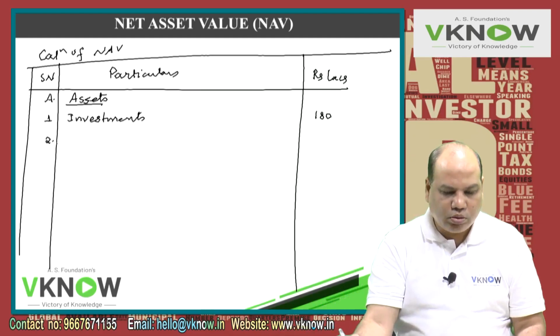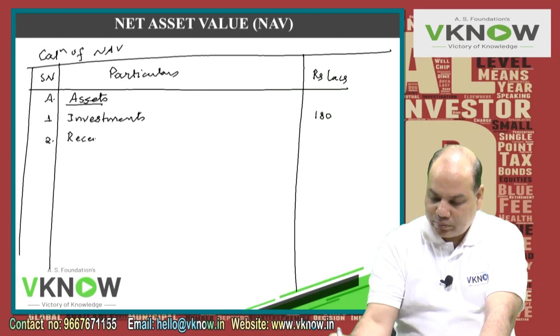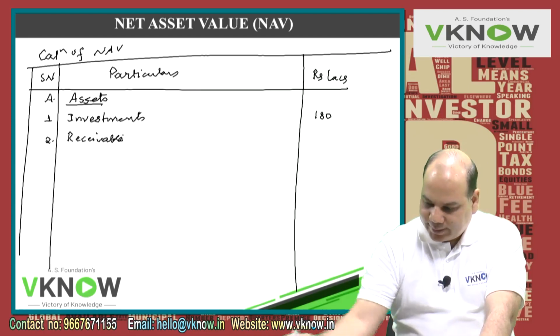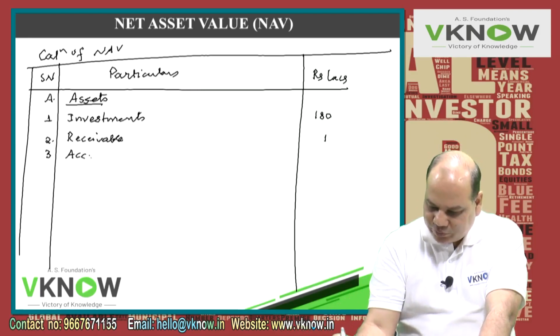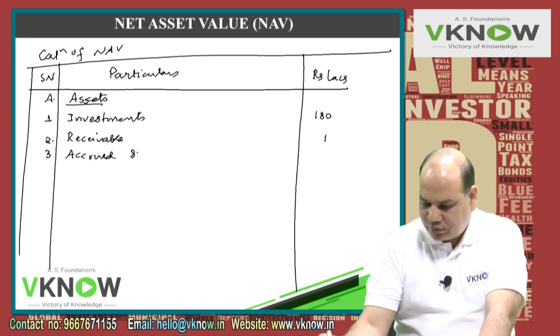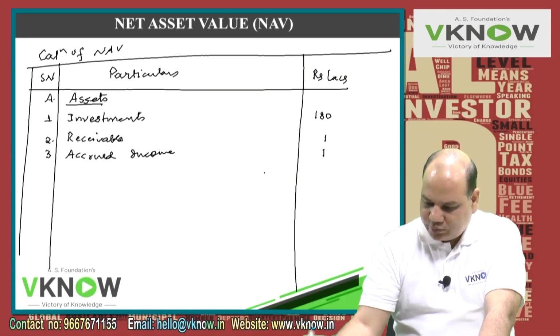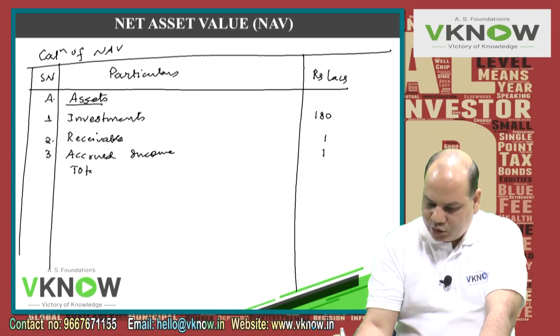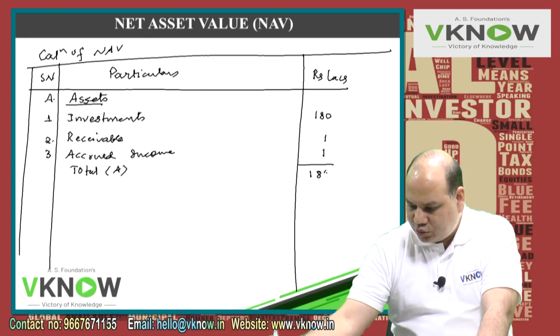180. 2. We have receivables 1. 3. Accrued income 1. So then you write down total of assets 182.